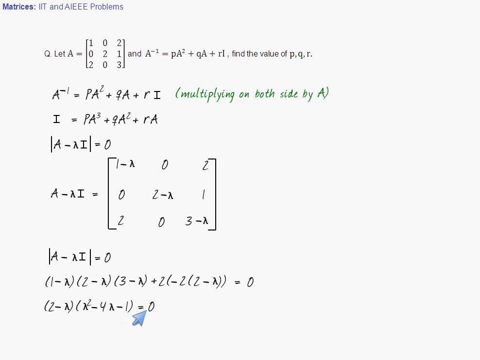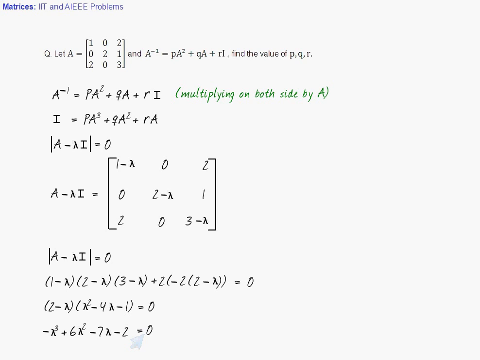I will expand this. On expanding, this will become minus lambda cube plus 6 lambda square minus 7 lambda minus 2 equal to 0. Now, this is the second relation that I have derived. Let me just simplify this.